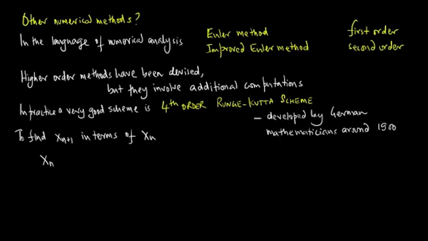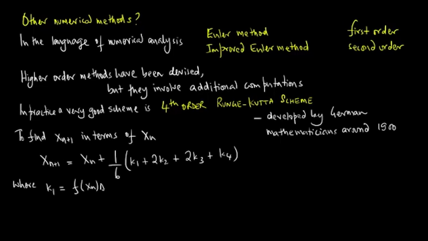So xn plus 1 is equal to xn plus 1 upon 6 times k1 plus 2 times k2 plus 2 times k3 plus k4, where k1 is f of xn times delta t, k2 is f of xn plus a half k1 times delta t, k3 is equal to f of xn plus a half k2 times delta t, and k4 is equal to f of xn plus k3 times delta t.